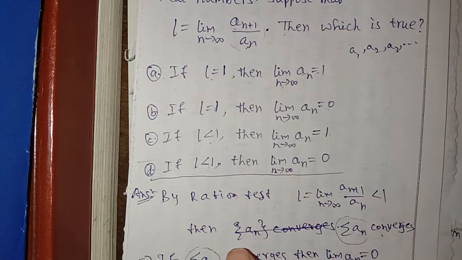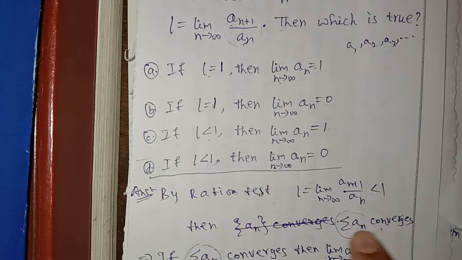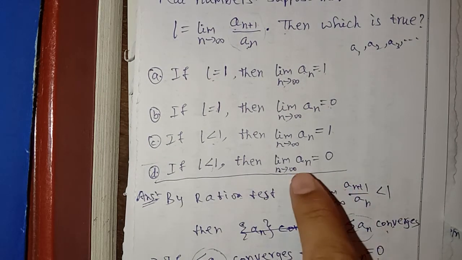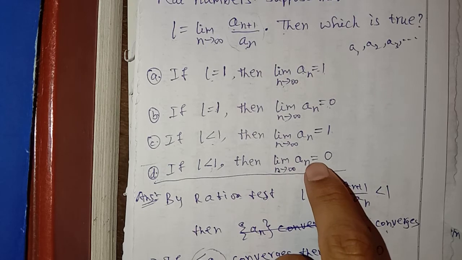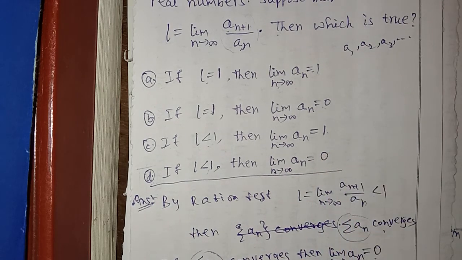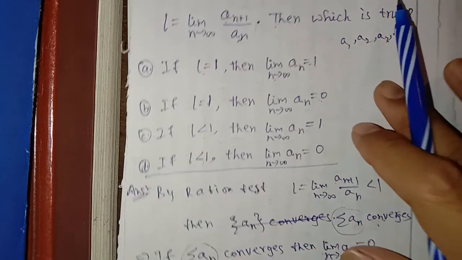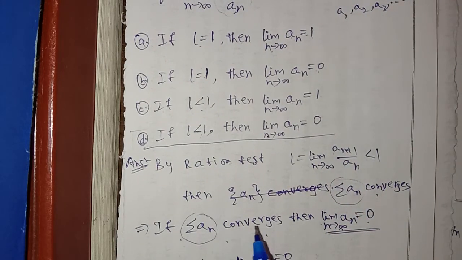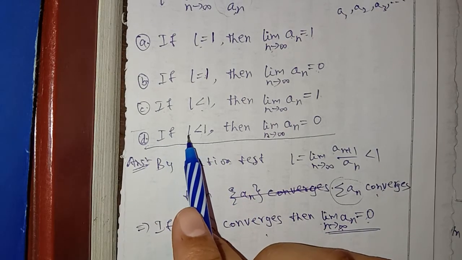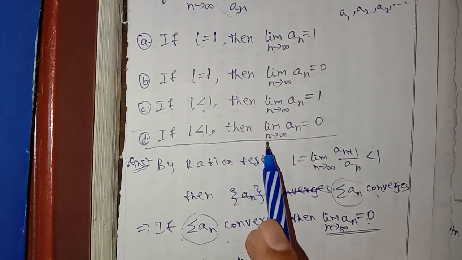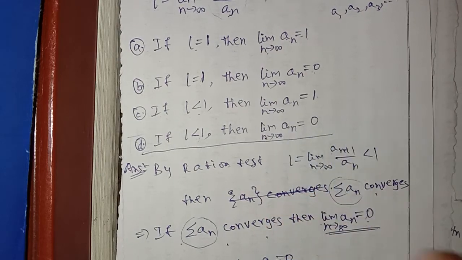So here series an converges, then limit n tends to infinity of an is equal to 0. So the choice D is correct answer. If an converges, then limit n tends to infinity an is equal to 0. So if L is less than 1, then limit n tends to infinity an is equal to 0.